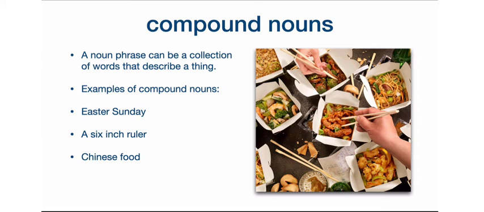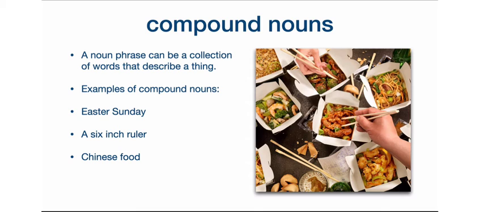Compound nouns. So we can get into groupings of words as phrases, noun phrases, verb phrases, adjective phrases in later lessons. But when you have a grouping of words that describe a thing, this is considered to be a noun phrase.